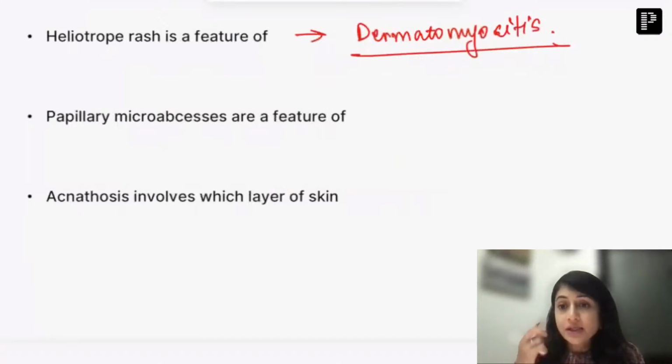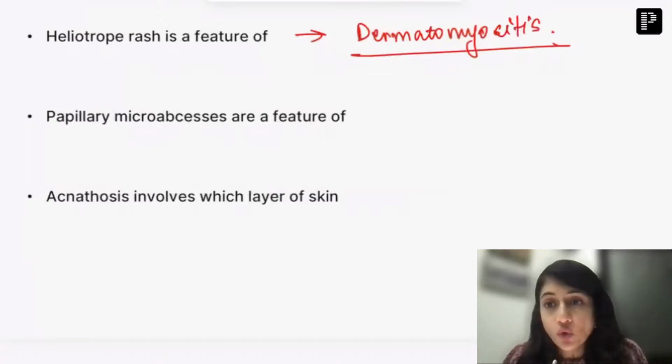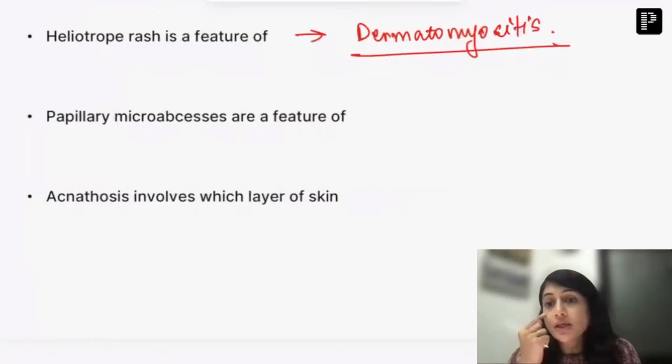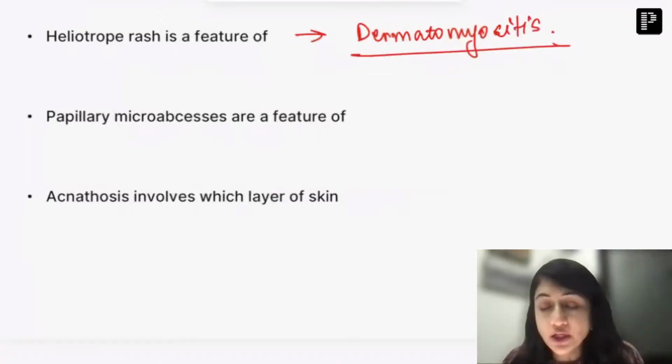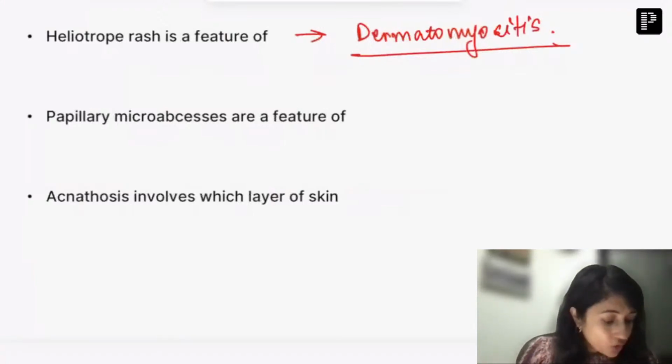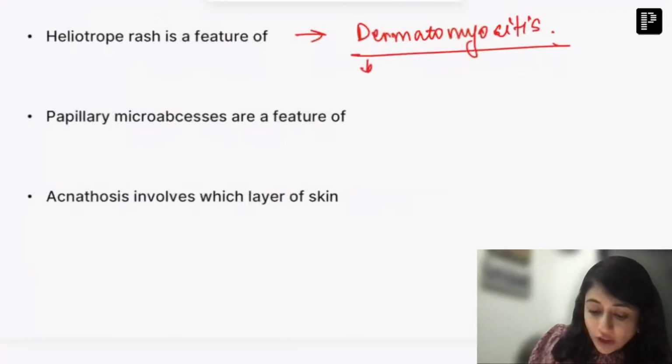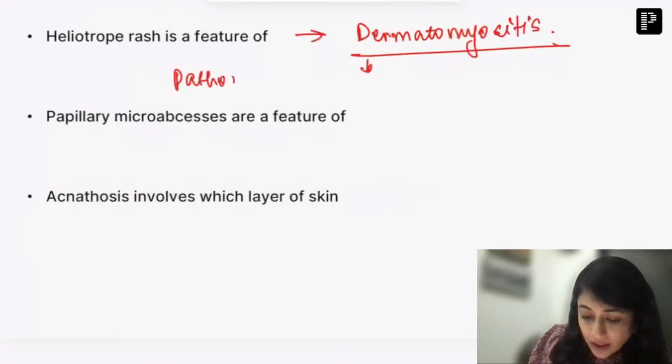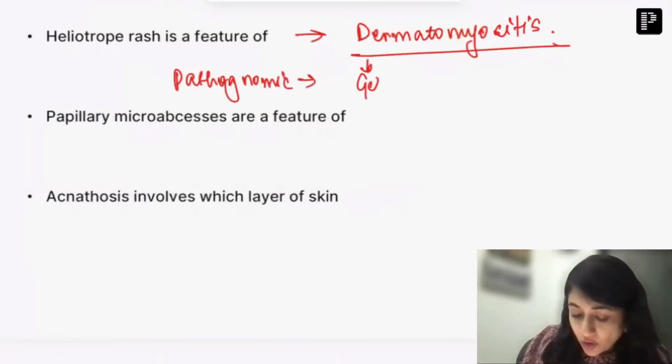Heliotrope rash is a kind of confluent macular violaceous erythema that you see around the eyes in patients of dermatomyositis. But heliotrope rash is not a pathognomic feature of dermatomyositis. It is a characteristic feature, but not pathognomic. So yes, you're all right. The pathognomic features for dermatomyositis are Gottron's papules and Gottron's sign.